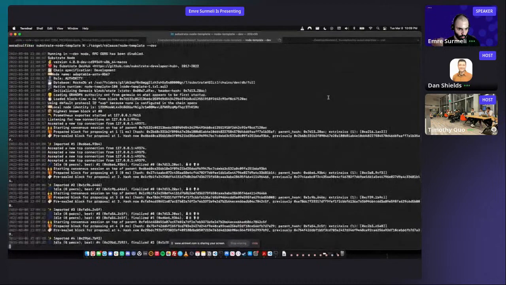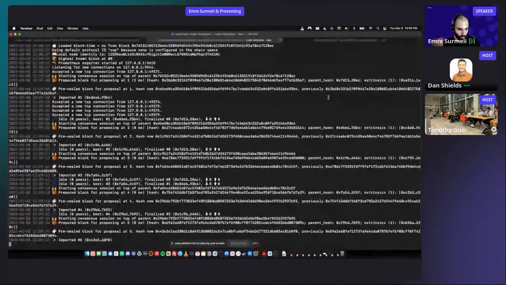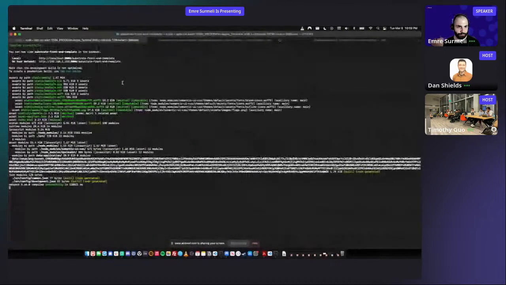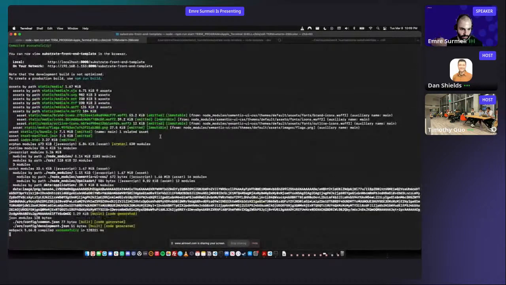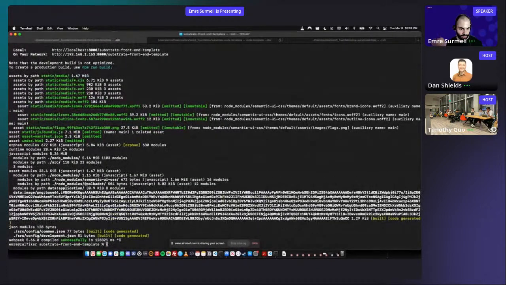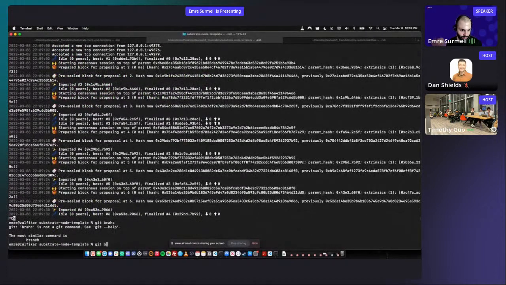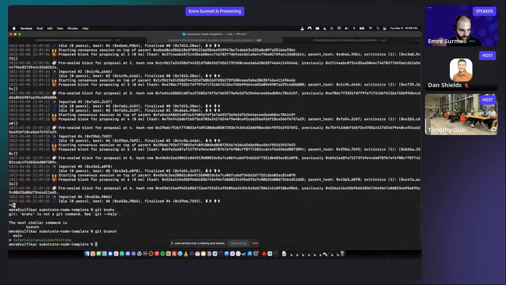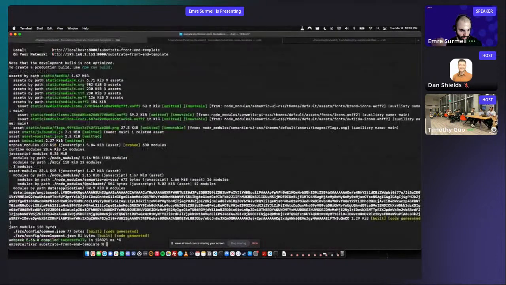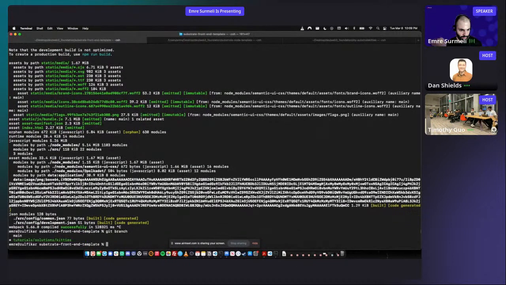Maybe a couple more. So I'm going to do this one too. Okay, so I think this is still on the kitties, but the front end is on the kitties.